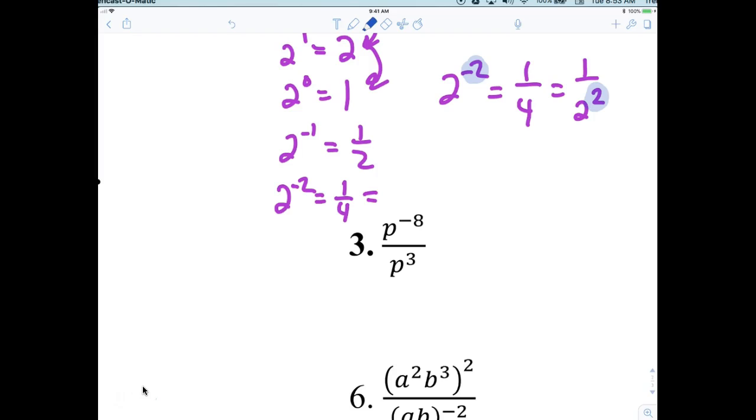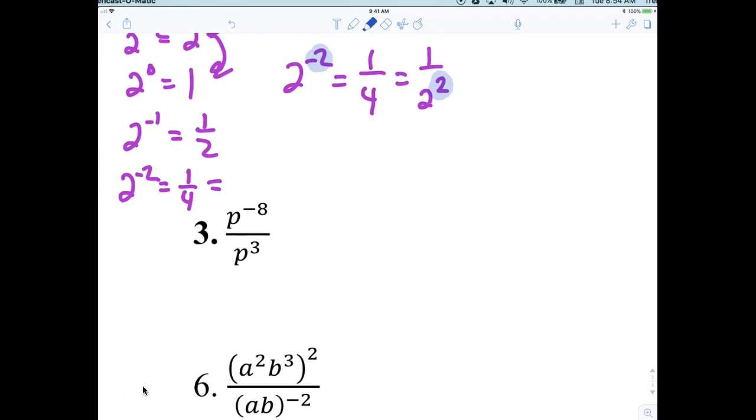If it's on the top, you move it to the bottom. If it's on the bottom, you move it to the top. So now watch. If I said x to the negative 3 over y to the negative 4, you should say that is so obvious, it's y to the 4th over x cubed. That is the answer. Just make a generalization. That's what you're doing right now.